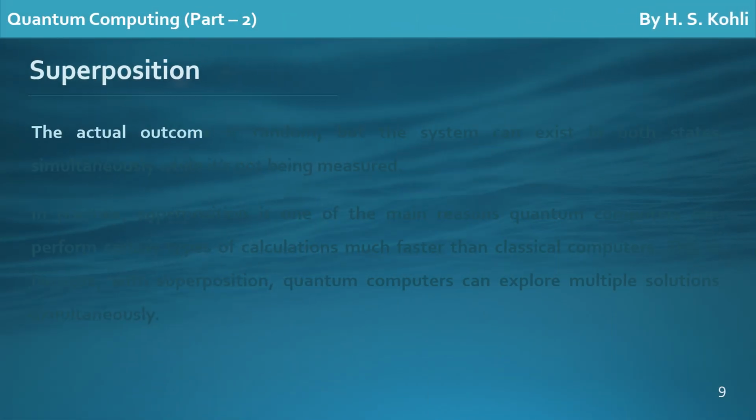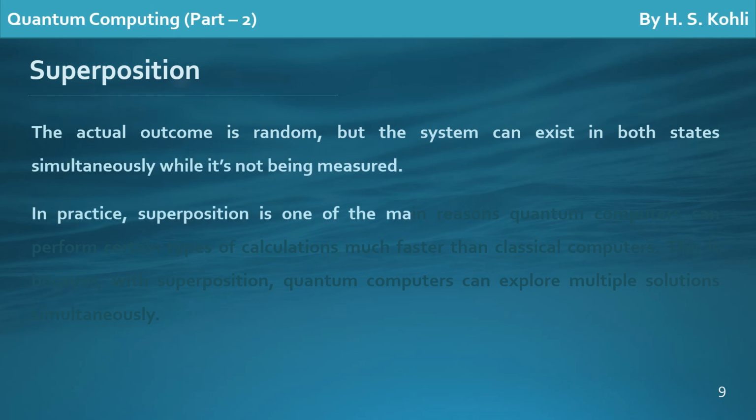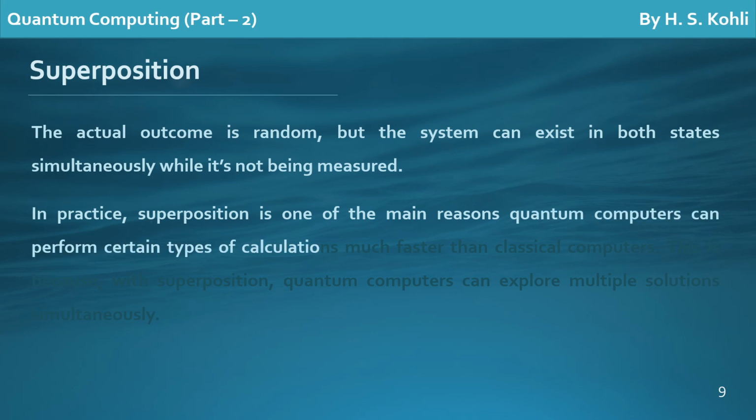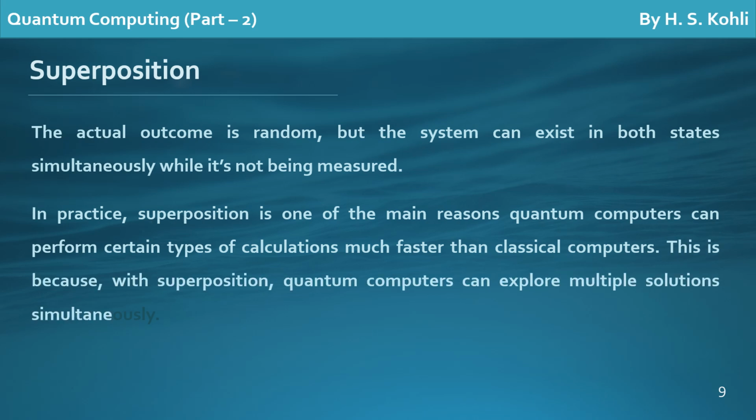The actual outcome is random, but the system can exist in both states simultaneously while it's not being measured. In practice, superposition is one of the main reasons quantum computers can perform certain types of calculations much faster than classical computers. This is because, with superposition, quantum computers can explore multiple solutions simultaneously.